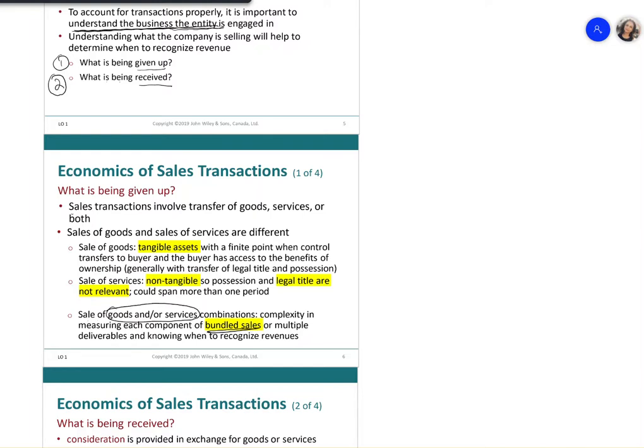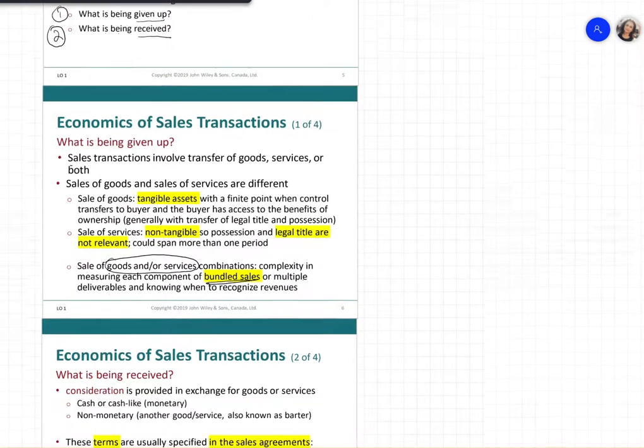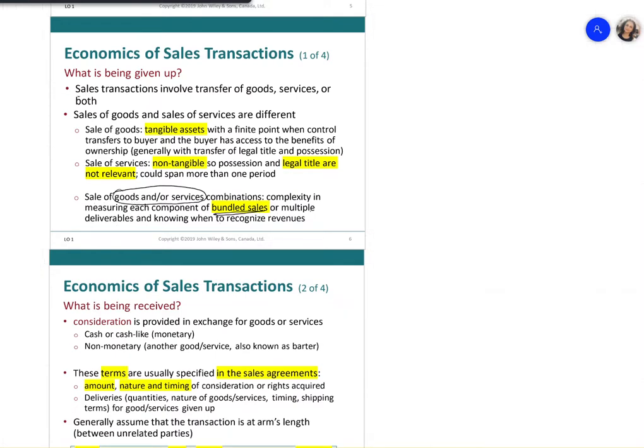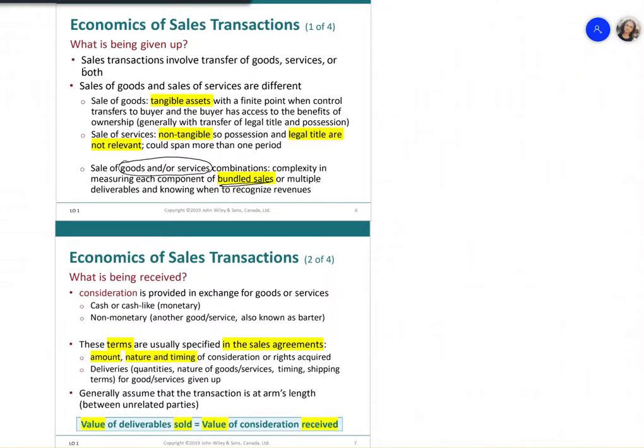So you're selling it as a bundle, and that means we have multiple deliveries, and we need to know when to recognize the revenue. Of course, you recognize the goods part when you transfer the title, and the service when you provide them the service.